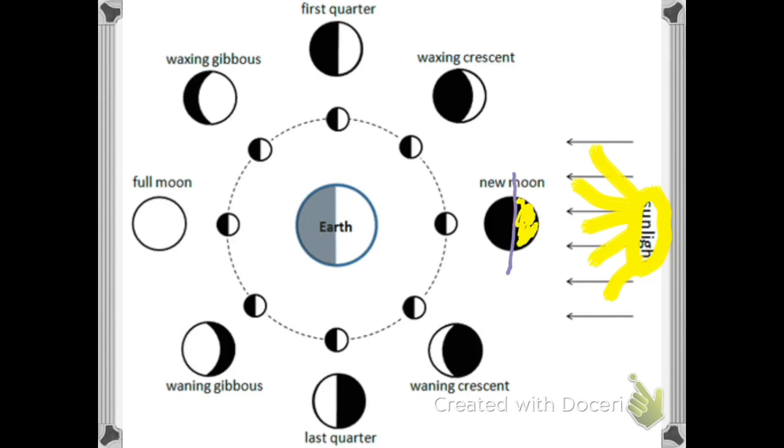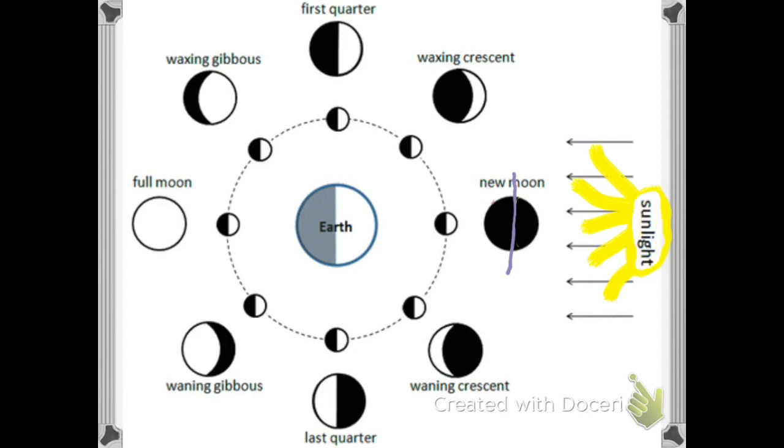But what we see is this black part right here. So the new moon is always in between the Earth and the sun. And again, that's because the sun is shining on the front of the moon, but we are looking at the back of the moon. Okay?